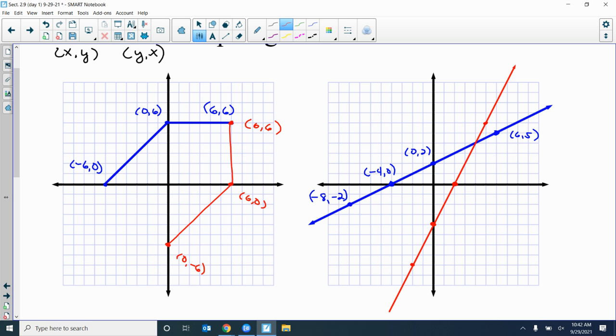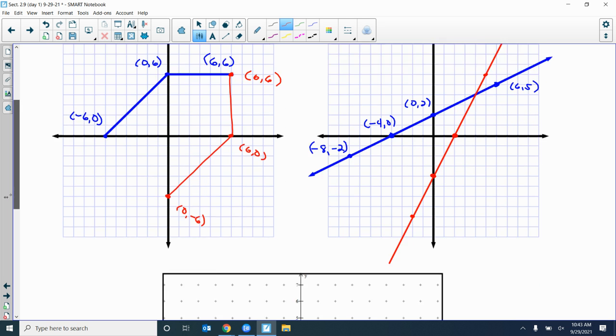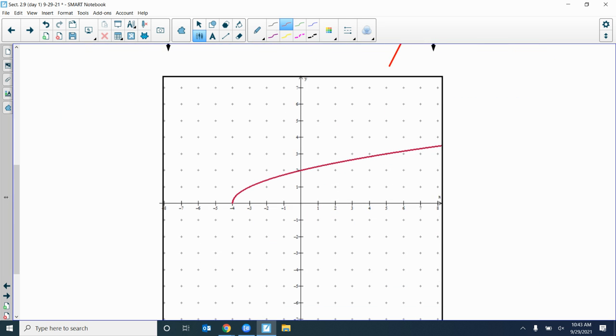See if you can identify any key points. Obviously the more the better, but it just depends. Now there should be an arrow on this one going to the right. It starts at negative 4, 0. That is a definite starting point. Negative 4, 0 means I get 0, negative 4, which would be right here.